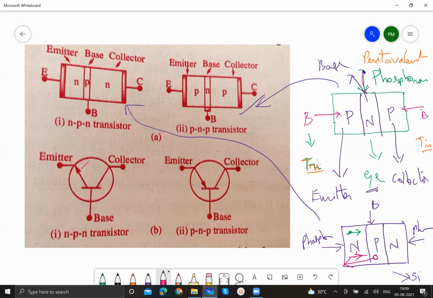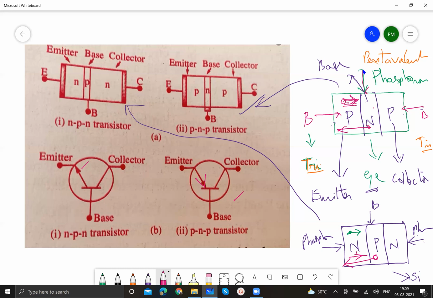Therefore, this is the NPN transistor, whereas in PNP, holes will be drifting towards the base. Electrons from the N region will be moving away from the base. So, the direction in which the positive ions move, or the direction opposite to electron motion, will be the direction of the conventional current. So, the holes are moving towards the base, means here the arrowhead is directed towards the base. So, this is the circuit symbol for PNP.